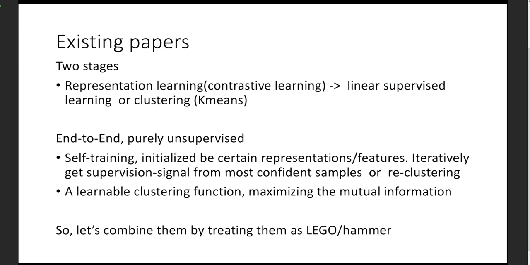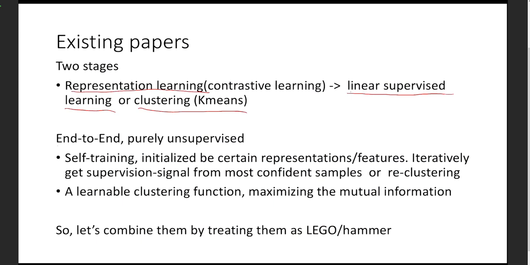Then in the second stage, because they have learned good features, they use the fixed features and apply linear supervised learning or a clustering method, like k-means, to assign those features to different clusters. This is the first type.